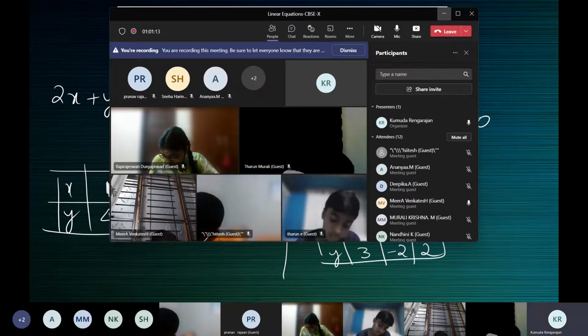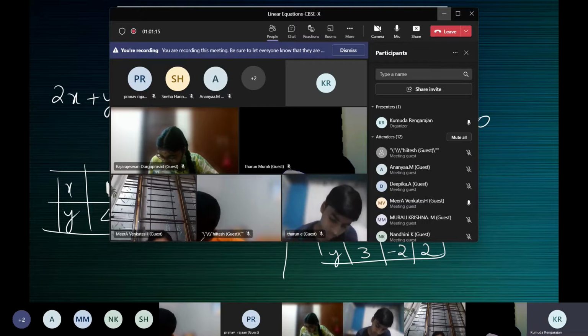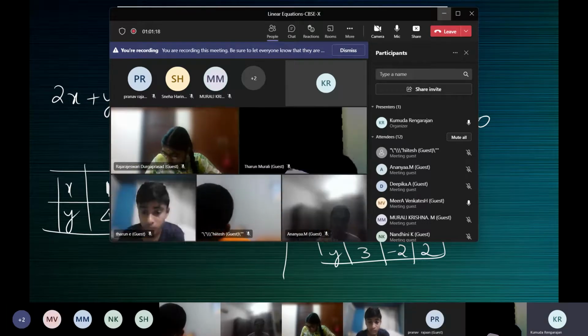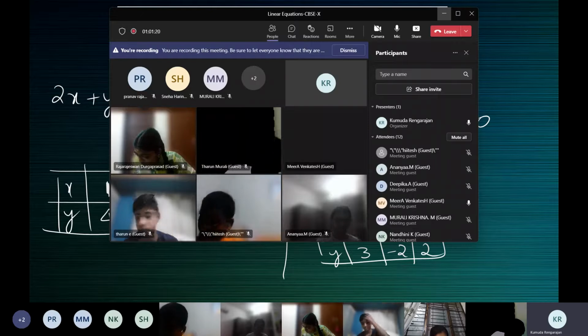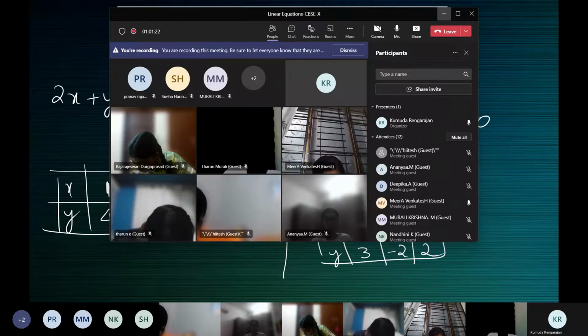The lines must intersect the x and y axes. You should pull them so that they cut the x and y axes.